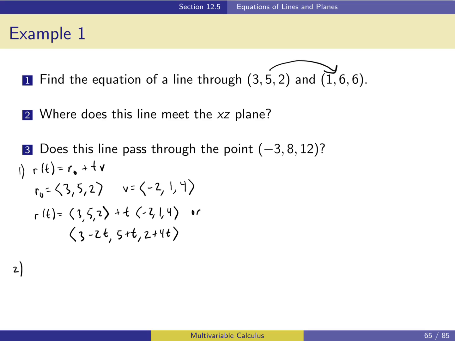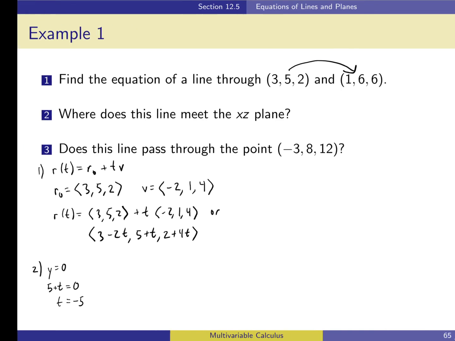Where does this meet the xz plane? Well, recall the xz plane is where y equals 0. If we want y to equal 0, that means that 5 plus t, the y-coordinate of the line, has to be 0, and so t has to equal -5. If we want the x and z coordinates, we can just plug these in.